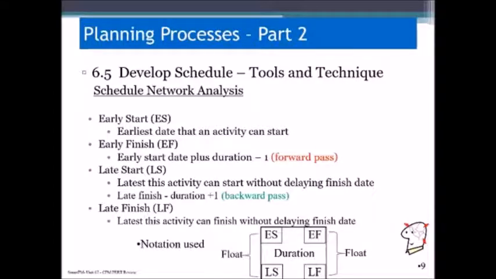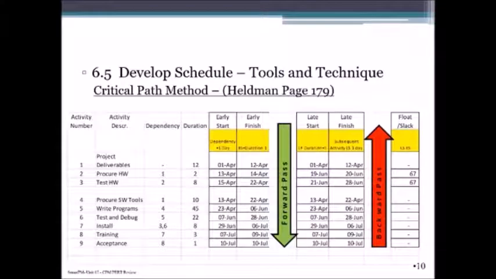This is something that you want to commit to your brain dump. A comprehensive example in the Heldman text gives you an opportunity to compute the early finish using the forward pass, and similarly the late start using a backward pass.